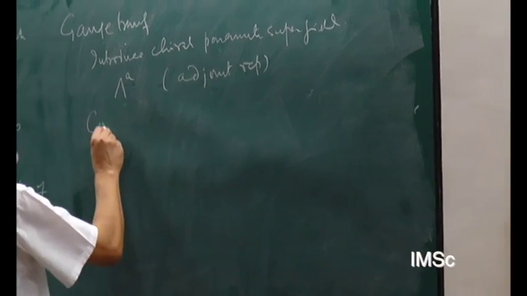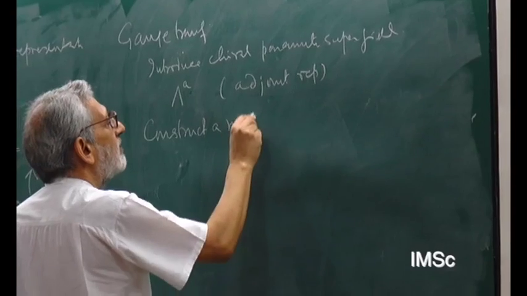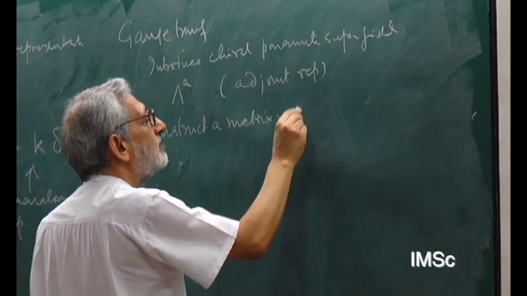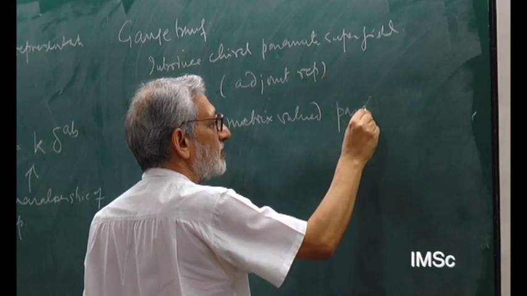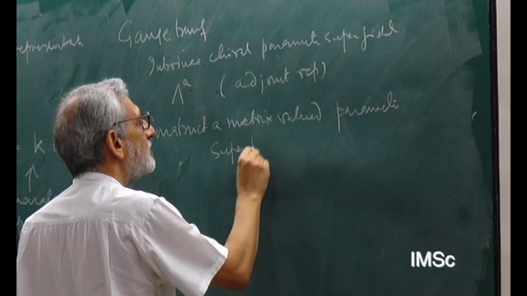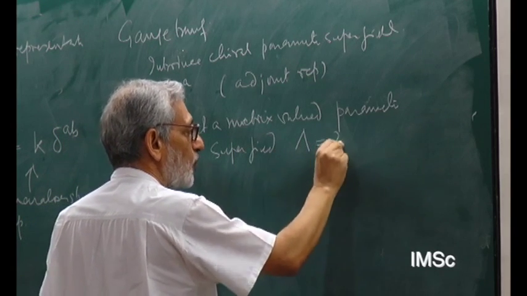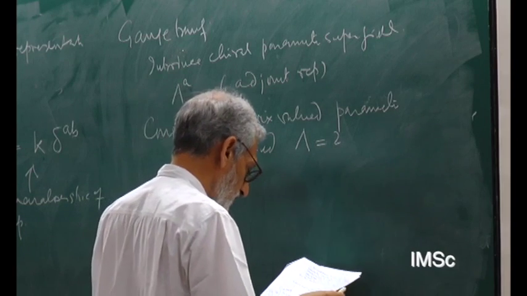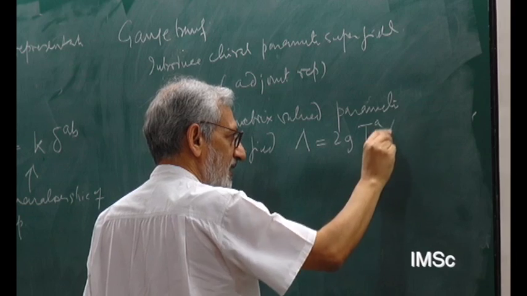Construct a matrix valued parameter superfield, call it Lambda, equal to 2g T^A Lambda^A.